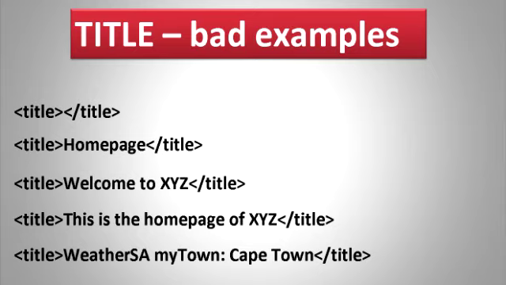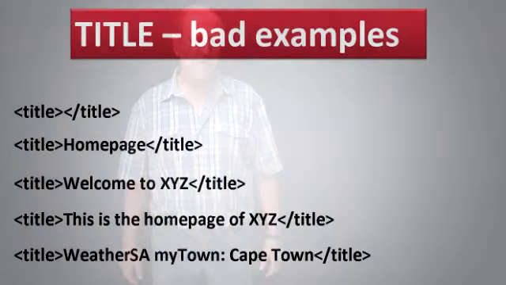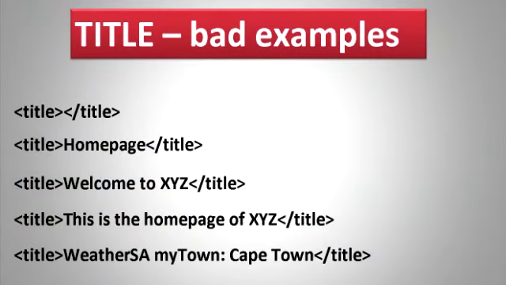Or something like, welcome to my company XYZ, or welcome to my home page, which are non-descriptive, rather senseless pieces of text to put in an important place like this. Another example: this is the home page of company so-and-so. Maybe the name of the company is useful, but for the rest it doesn't mean anything really. Even the last example, taken from a weather site, Weather SA, MyTown, Cape Town.